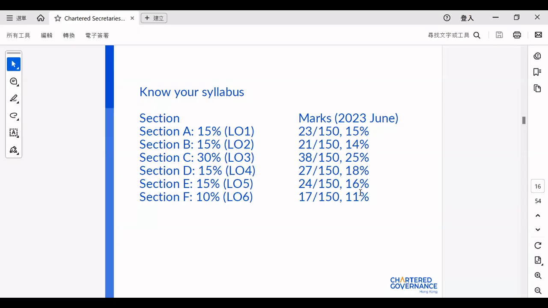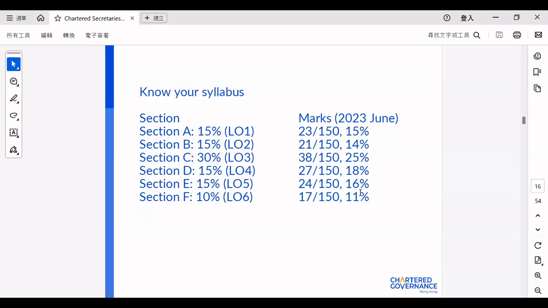So you should spend more time on section C because more marks will be allocated to section C. But again, as I've said, you don't just learn section C without learning section F because that would be quite dangerous. That's not advisable. But you can see that in any one paper, all these sections will be asked.